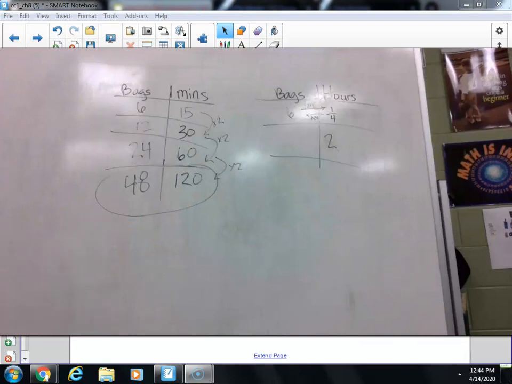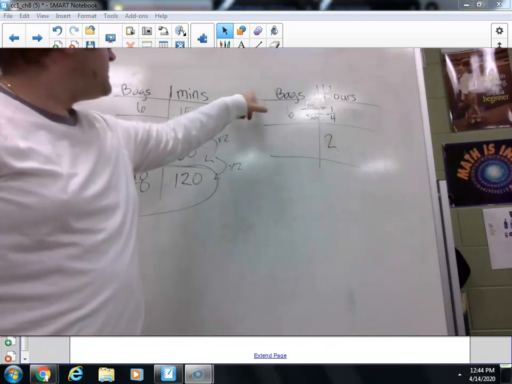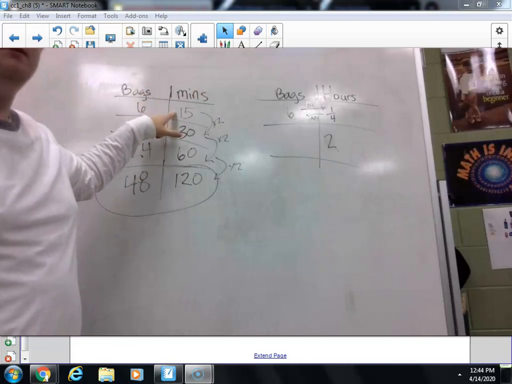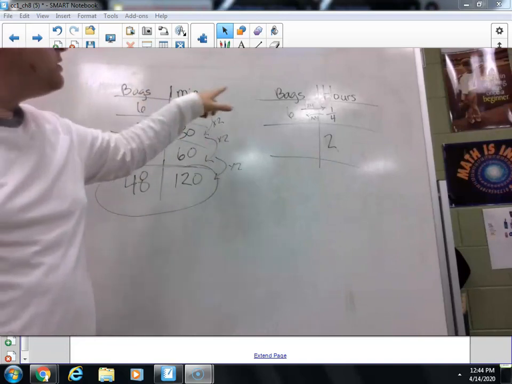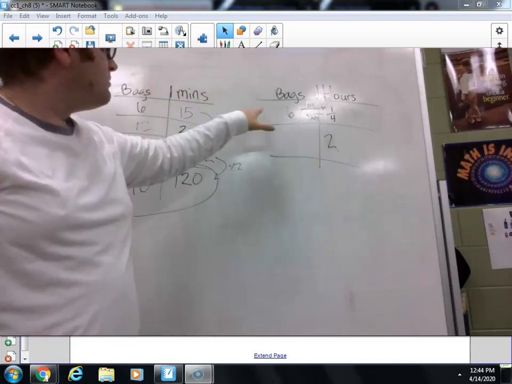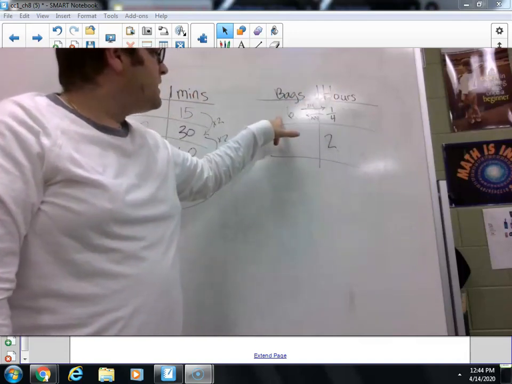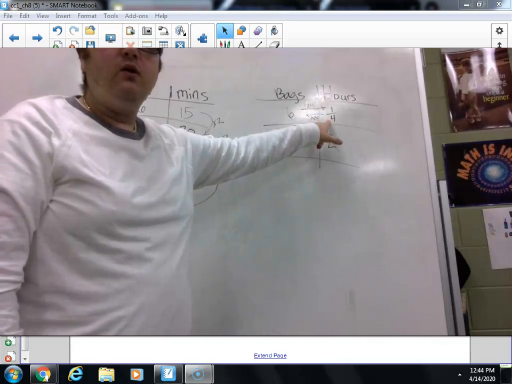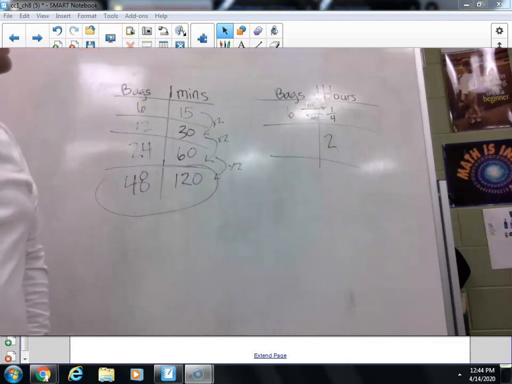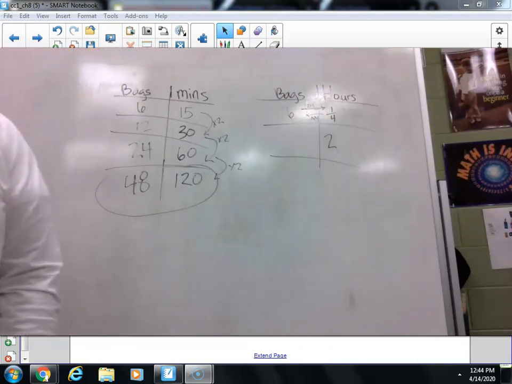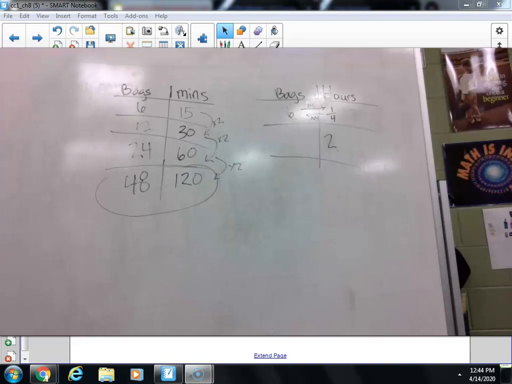Over here, we have 6 bags in 15 minutes, which is 1/4 of an hour. So we can do this exact same table, but now instead of bags per minutes, we can do bags per hour. So 6 bags in 1/4 of an hour. We want to know how many bags Fred can fill in 5/6 of an hour. So we want to talk about what is the rule.